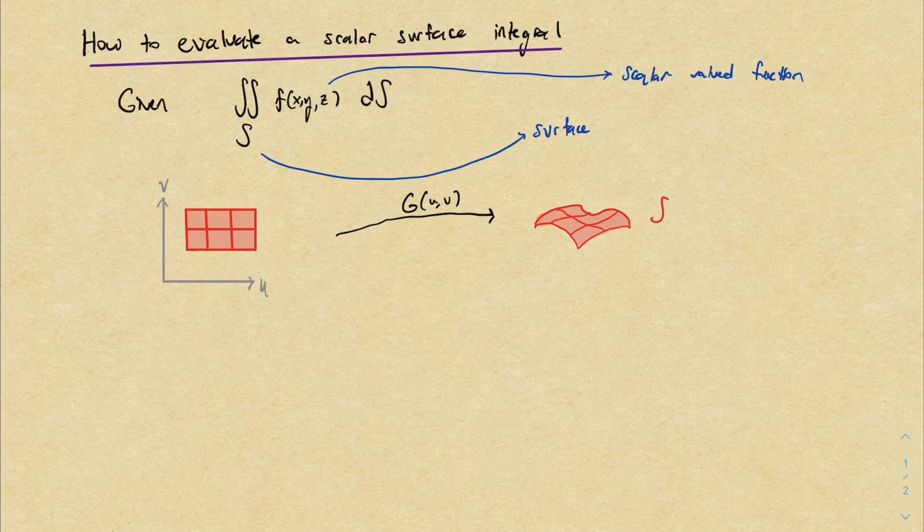And I want this function to eat some two-dimensional region in the uv world and spit out my surface. And we'll use this function to translate the calculus problem on the surface to a calculus problem on a flat thing, where things are easier.